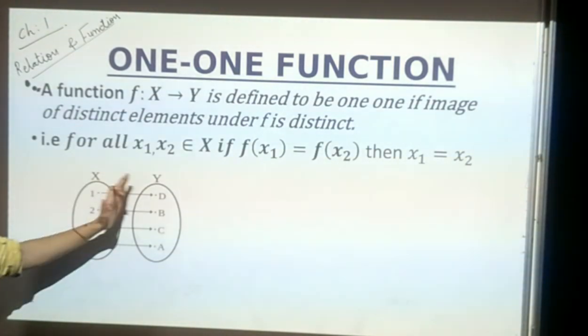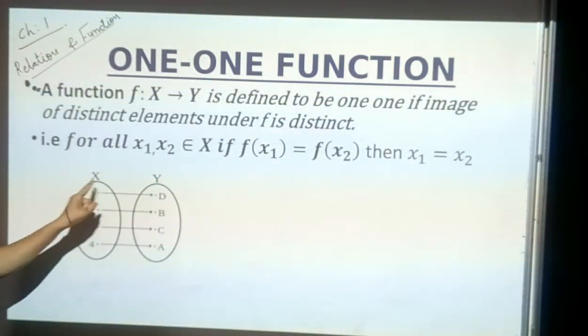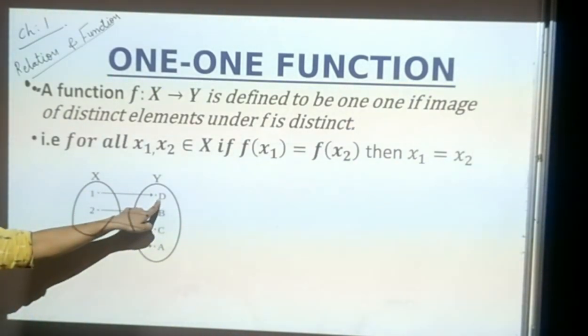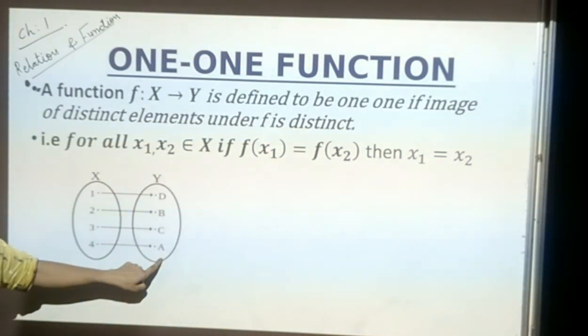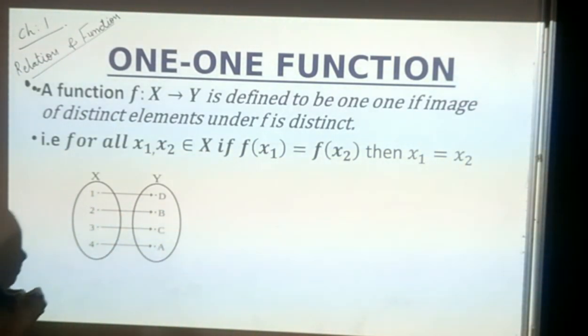You can see from the Venn diagram, this is called a one-one function. That means one element is related with one. Same element, same image; different element, different image. So this is called a one-one function.